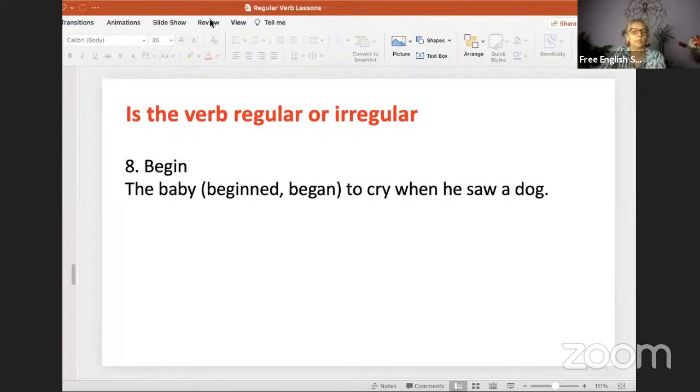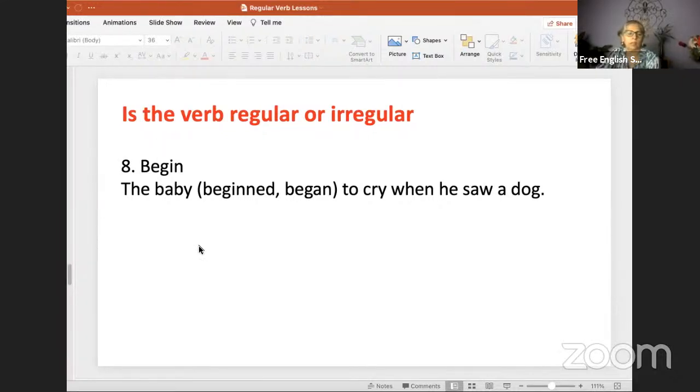So yesterday we did the park, we hiked, okay. And now, begin. Okay, so let's see. So this one, is the verb regular or irregular?